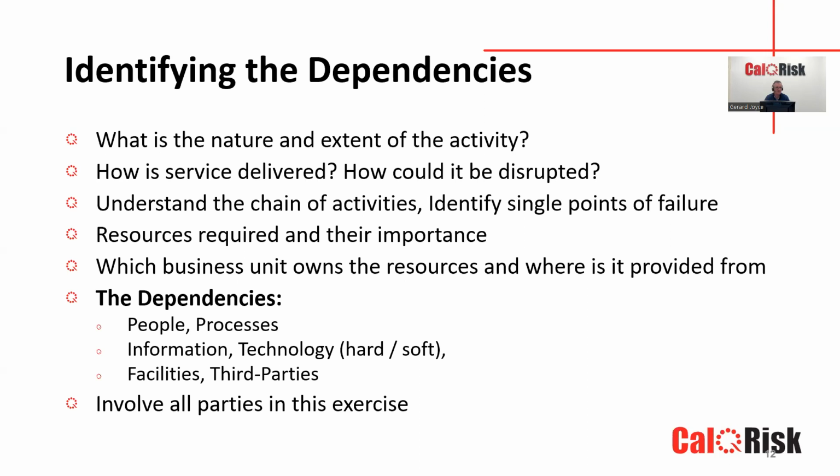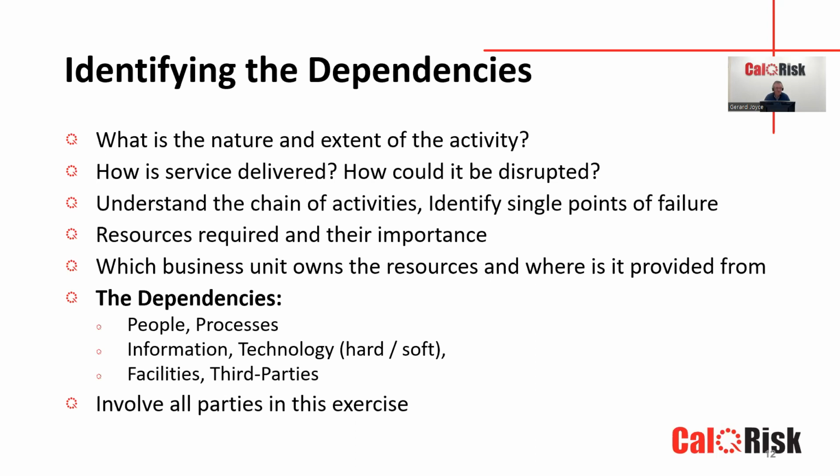Because if you're going to identify the vulnerabilities, you need to understand each individual step. The resources required to deliver it, and their importance, and again, whether they're internal resources or external. Who owns this? Who owns the service? And certainly you'd like to see in every organization that somebody owns it, because if they own it, hopefully they're focused on ensuring it's working all of the time.